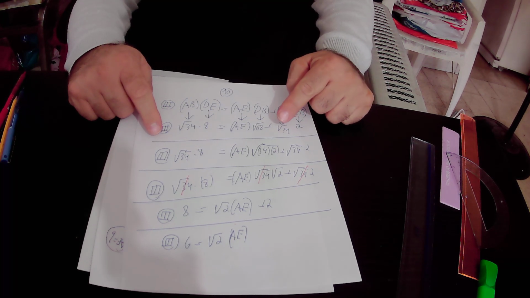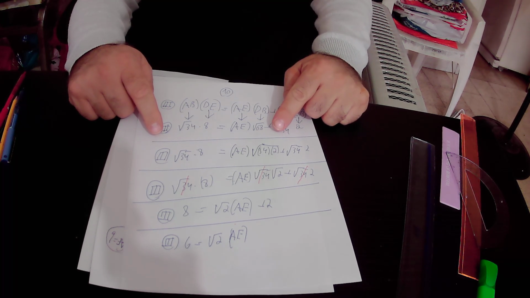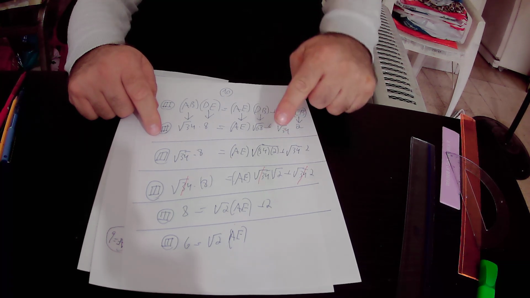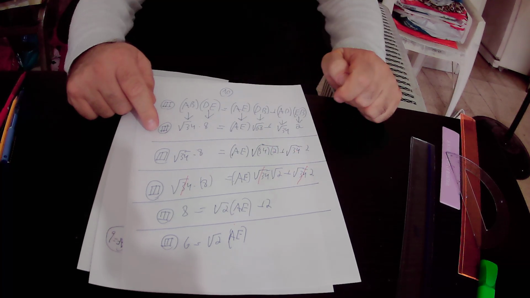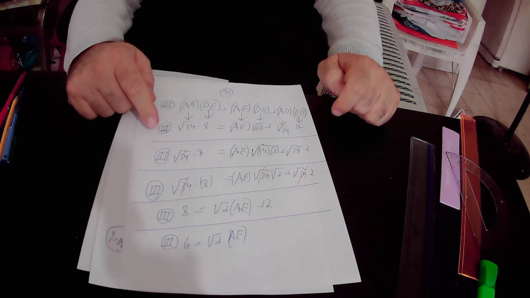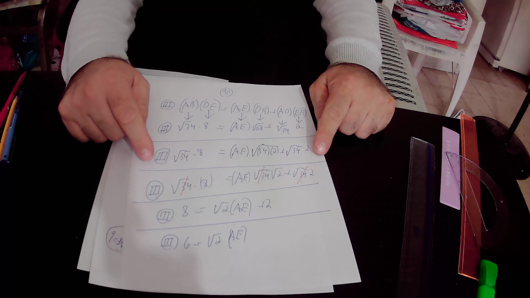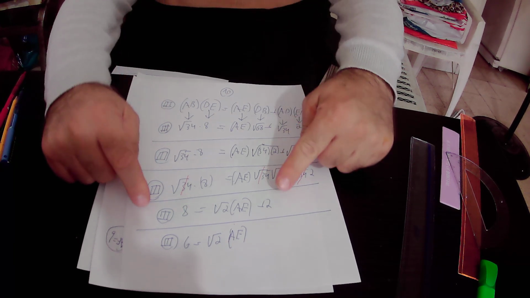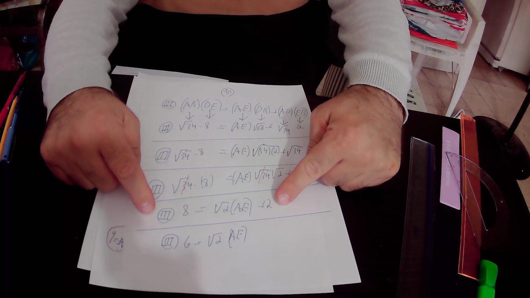And we have the rule that the square root of A times B equals the square root of A times the square root of B, so the square root of 34 times 2 equals the square root of 34 times the square root of 2. Okay? Then we divided equation number 3 by the square root of 34, and that is what is left after we cancelled 34.